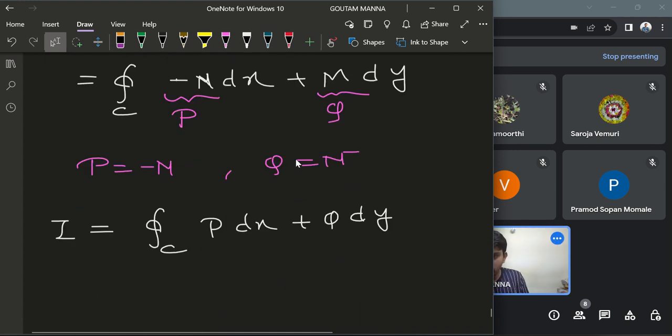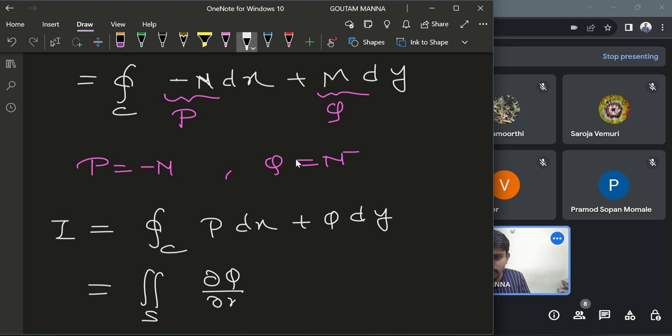So if you want to transfer it to the surface integral, we need to apply Green's theorem, and it says basically the double integral of del q del x minus del p del y dx dy.